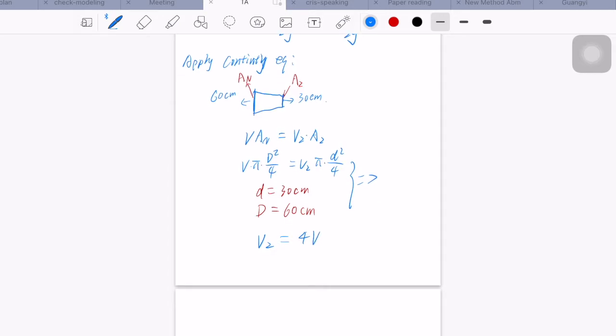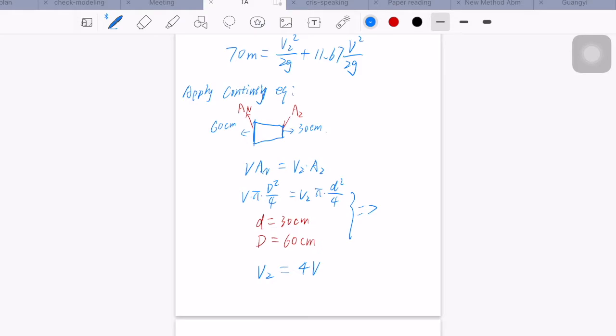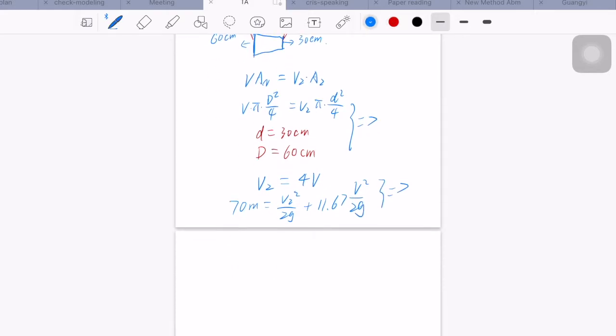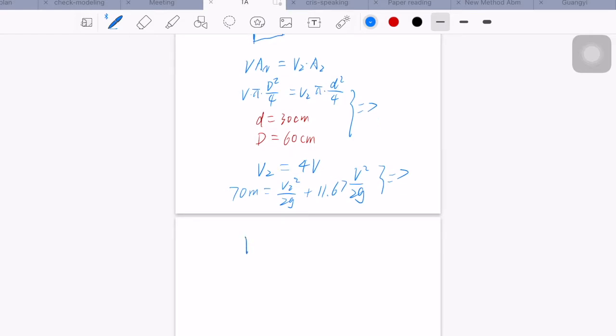We also know 70 meters equals V2 squared over 2g plus 11.67 times V squared over 2g. So we can get that V equals 7.045 meters per second. So the velocity in the pipe equals this value.